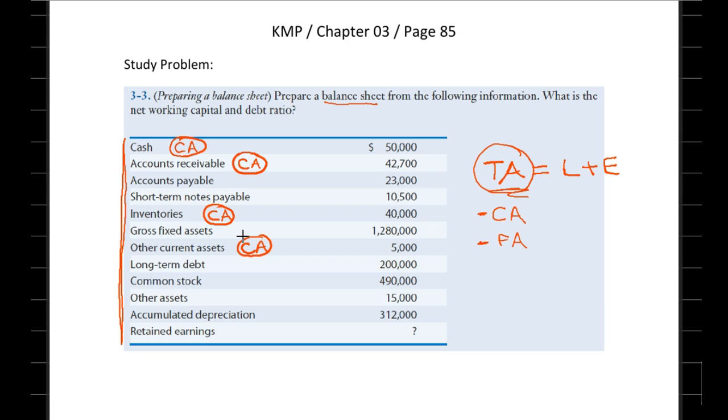So I will open a new page, and on this new page I will start constructing the assets part of our balance sheet. So we mentioned that, so let me write it, current assets, and I will try to align my dollar figures.